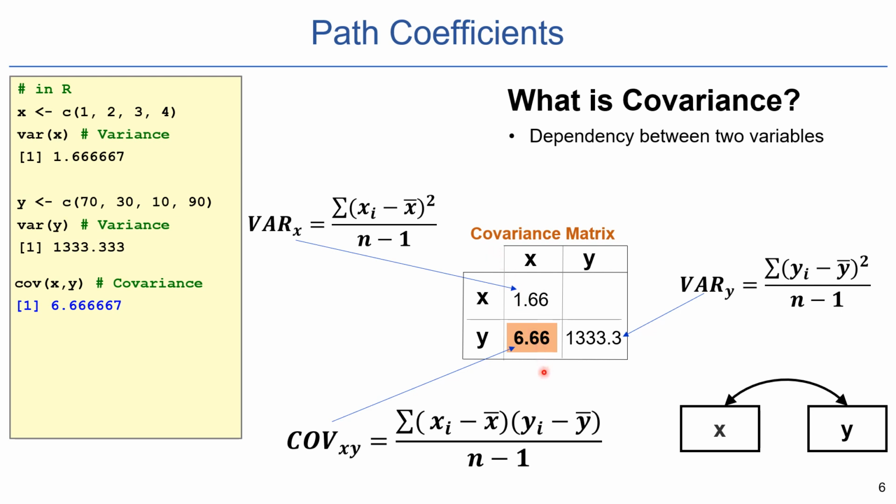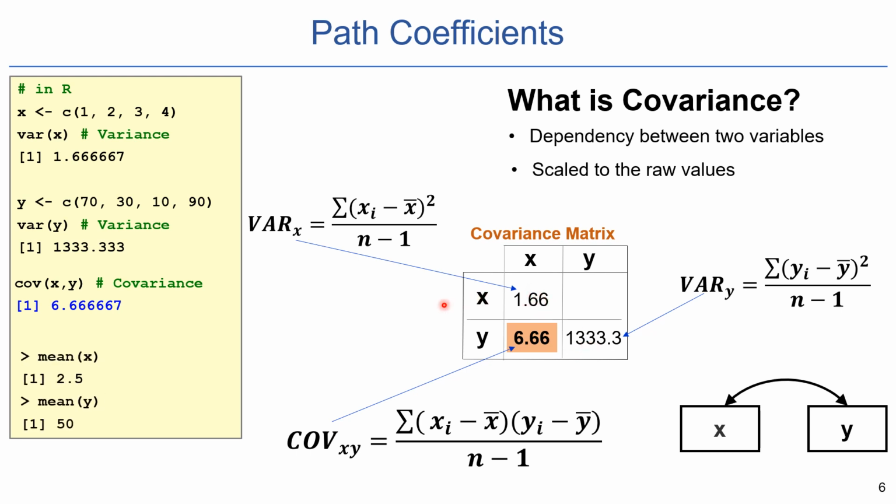You can see here that the covariance equals 6.66, and it's quite difficult to interpret what this value means. This is because we have totally different scales of x and y here, and the covariance is scaled to the raw values of these variables.